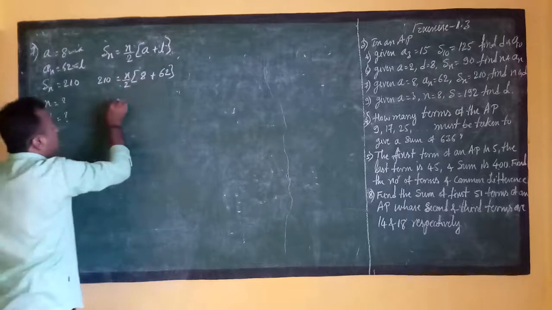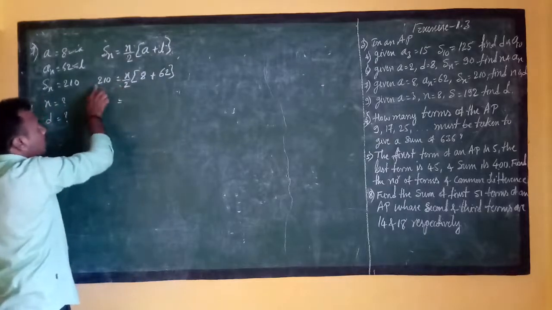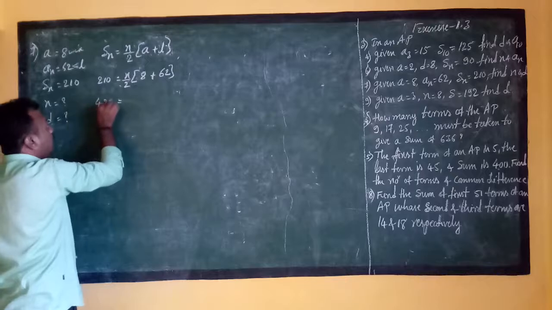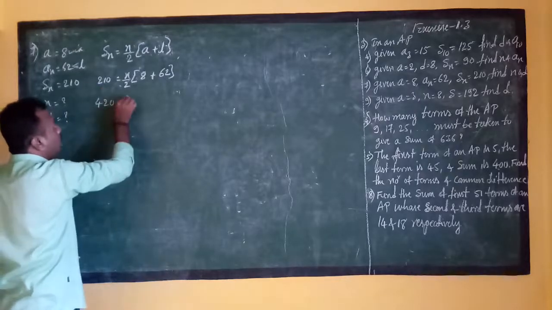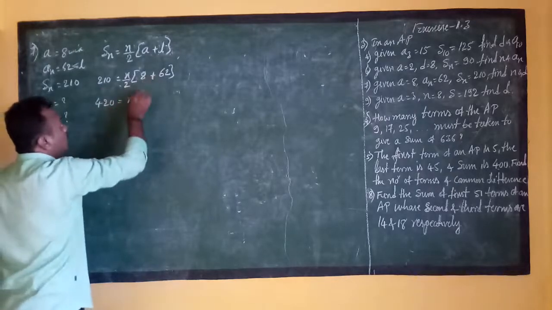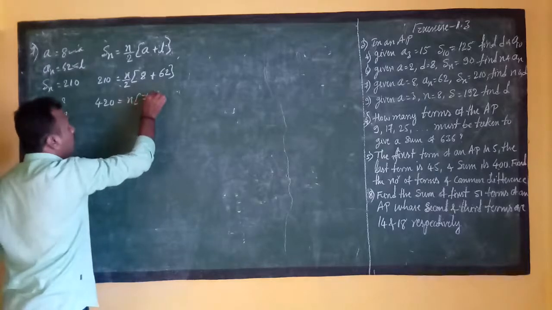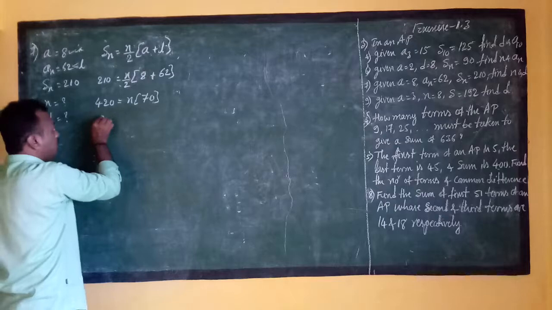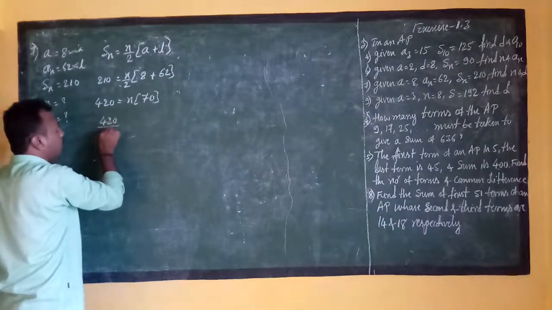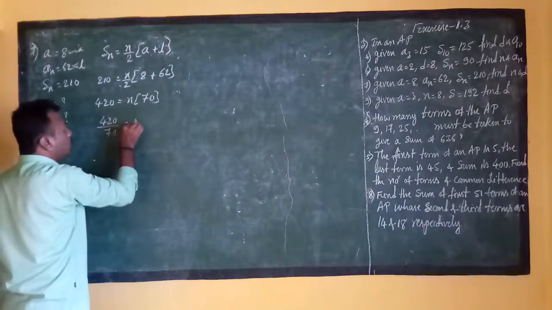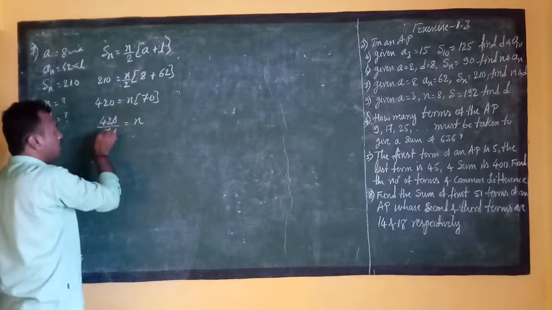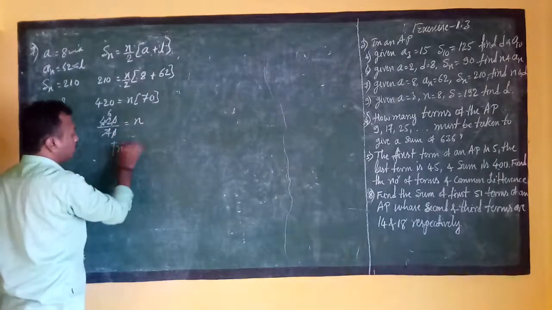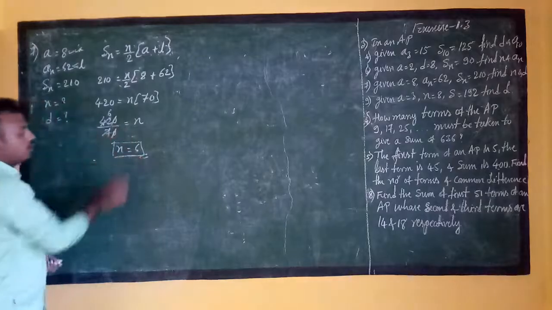Next, 210 into 2, 420, equals n into 62 plus 8, 70. 70 we have to send here, 420 divided by 70 is equal to n. 0, 0 get cancelled, 7 ones are 7, 7 6s are 42, therefore n is equal to 6.